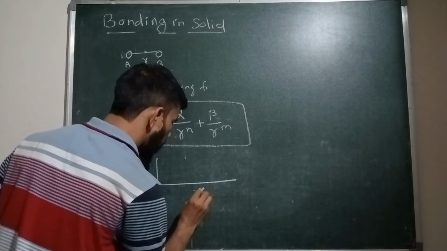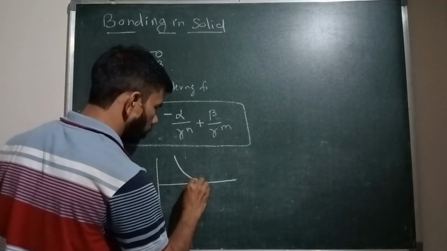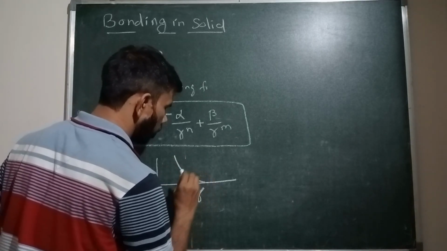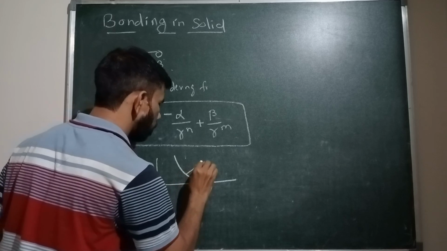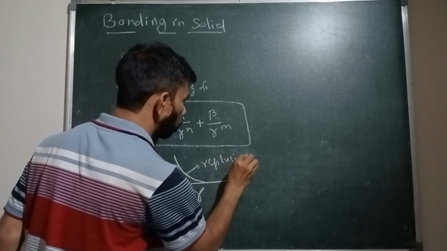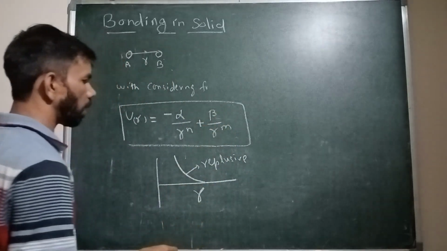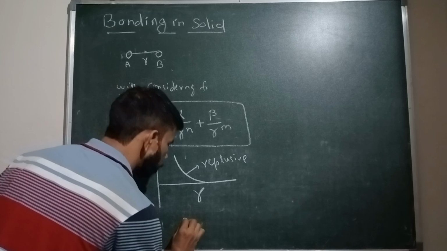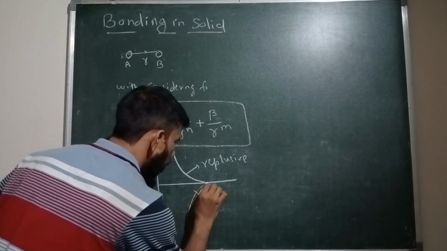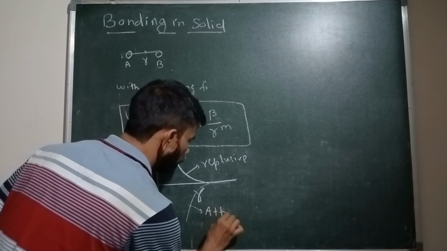When separation R is increased, the nature of the force, this is the repulsive due to the second part, beta upon R raised to power N, and this is attractive nature.